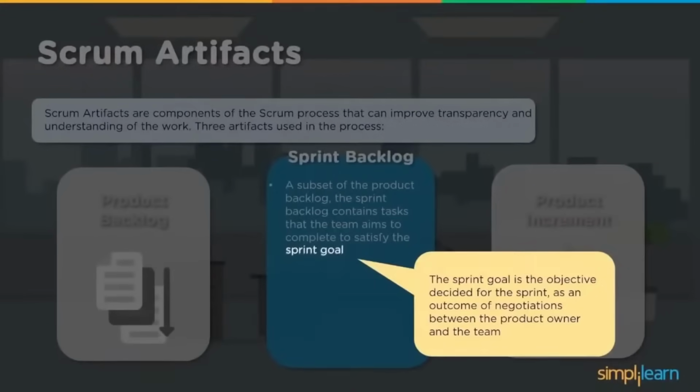The target may be given by the product owner, but is it feasible to complete it? There is some negotiation which happens there. They decide, they agree, yes, we can do it, or we cannot do it. If we can do it, what does it take in terms of effort, time and cost? Everything is discussed and decided, so the objective of that particular iteration is agreed upon.